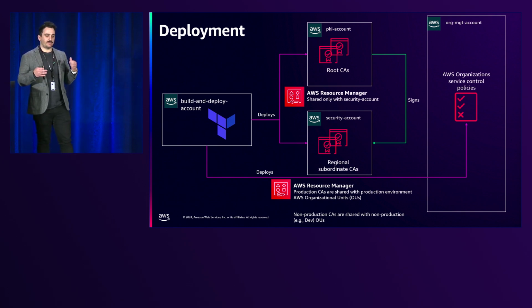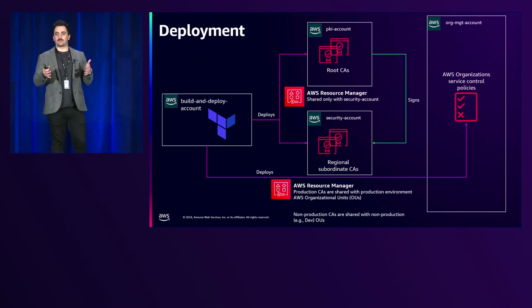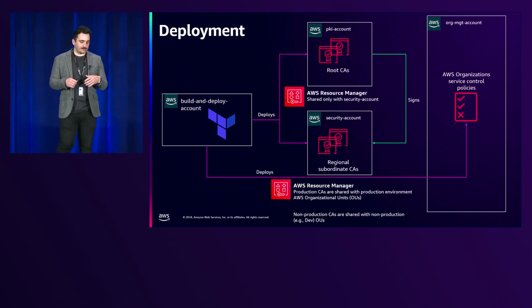Based off of the role the certificate authority plays, and not to overload the term from an IAM role, but whether it's root or subordinate, the module makes the choice to associate the proper permissions and share those certificate authorities out to the appropriate accounts.